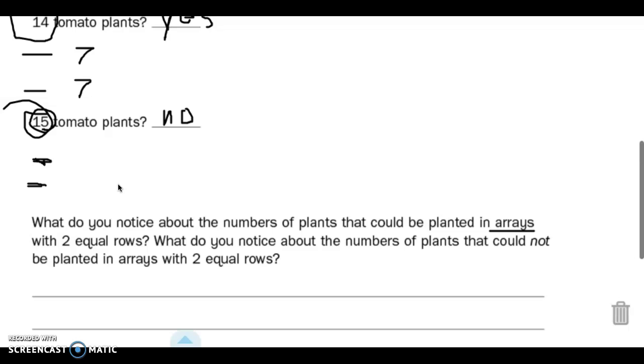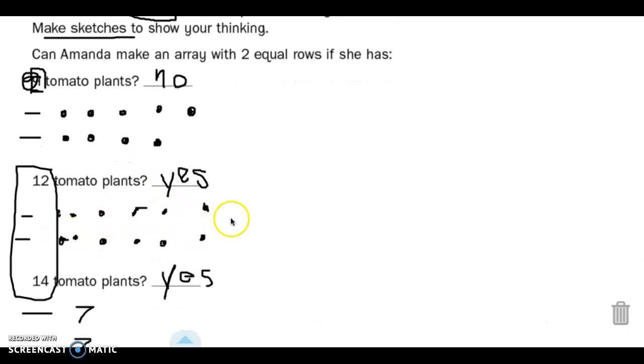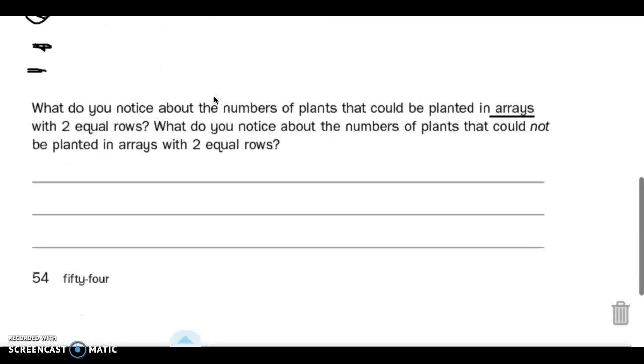Remember, we talked about odds and evens, but also we talked about there being equal numbers in each row, or some having extras or leftovers, which we call, what is that again that starts with an R? Remainders. I want you to write 2 sentences. Remember, your sentences start with a capital letter and they end with a period.